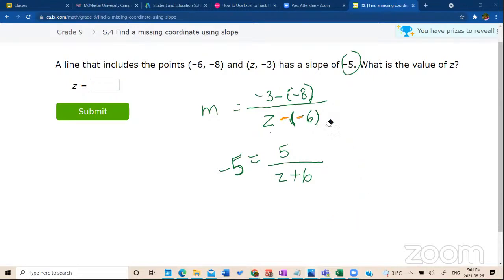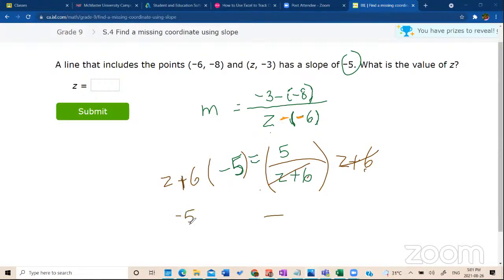No, this one's a little different. Let me show it to you and then you tell me if it makes sense. If we multiply this part by Z plus 6, then these two will cancel. And if we multiply this by Z plus 6, this will give us negative 5Z minus 30 is equal to 5.